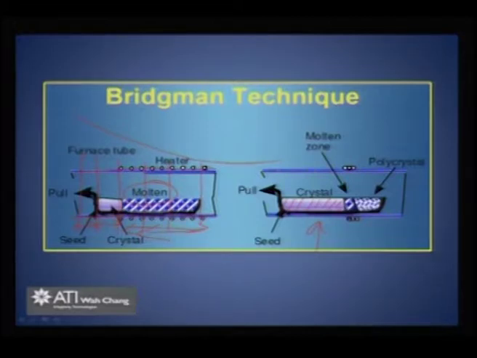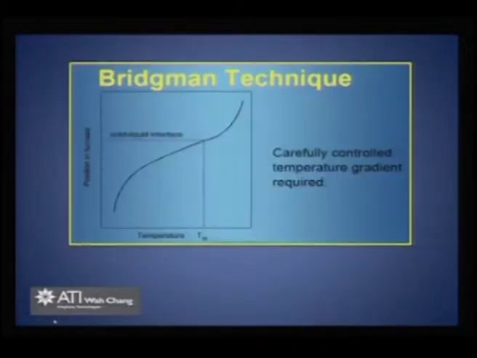All you need to optimize is this pulling time, and the temperature gradient has to be standardized. A typical position versus temperature curve for a Bridgman technique is like this, where initially you can pull it fast, but when you try to solidify it, when you try to form the crystal, you should actually go through a plateau which is much slower.